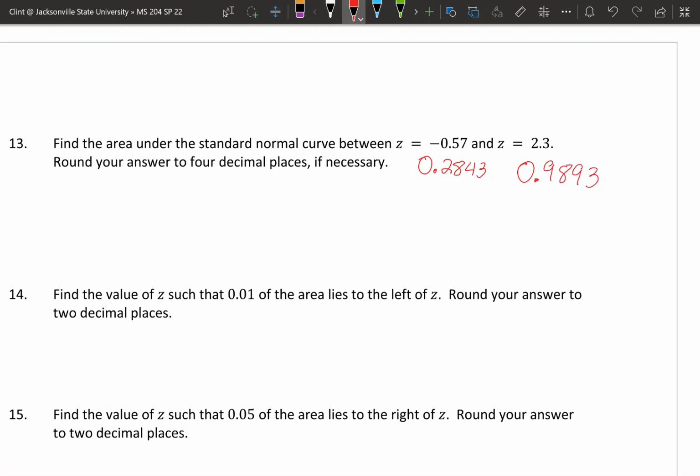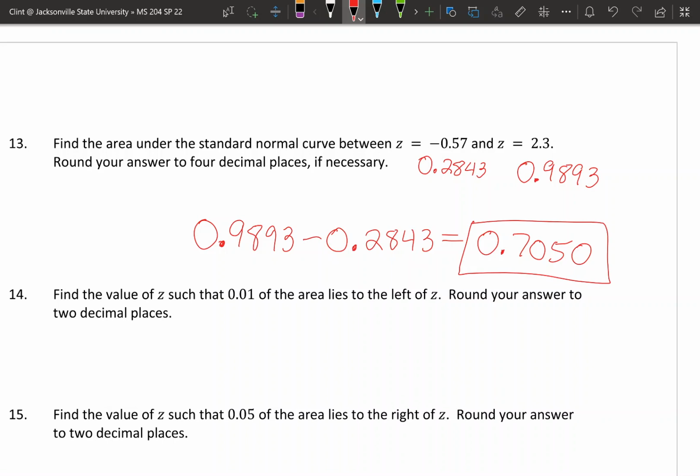And our answer can't come out negative, so we want to put the bigger one first. And subtract. So 0.9893 minus 0.2843, 0.705, or if you wanted to, you could add a 0, since we normally use 4 places.